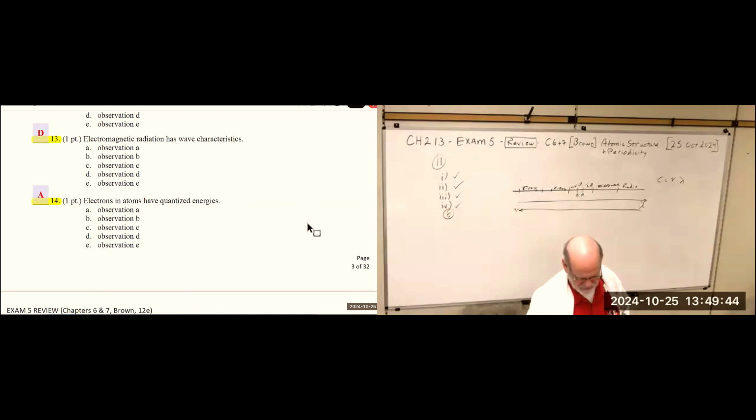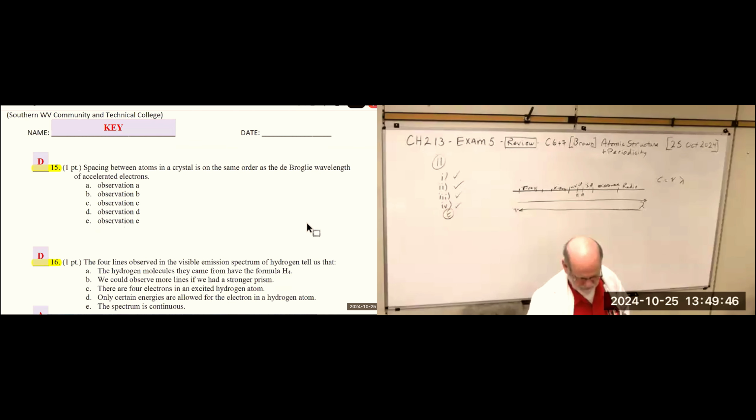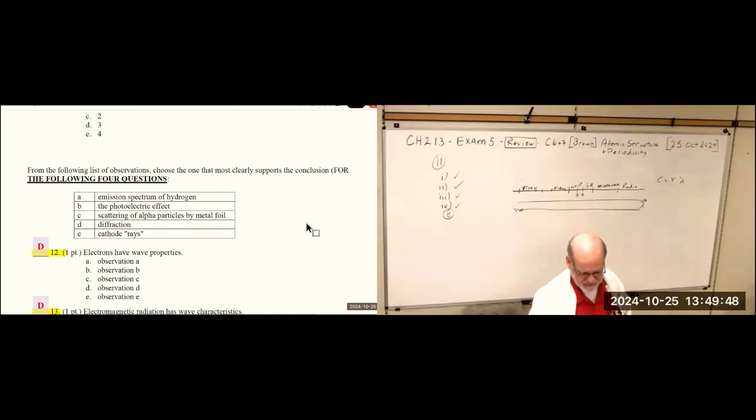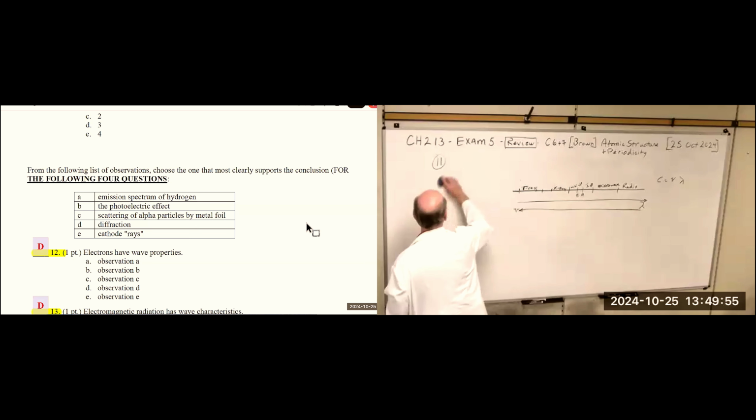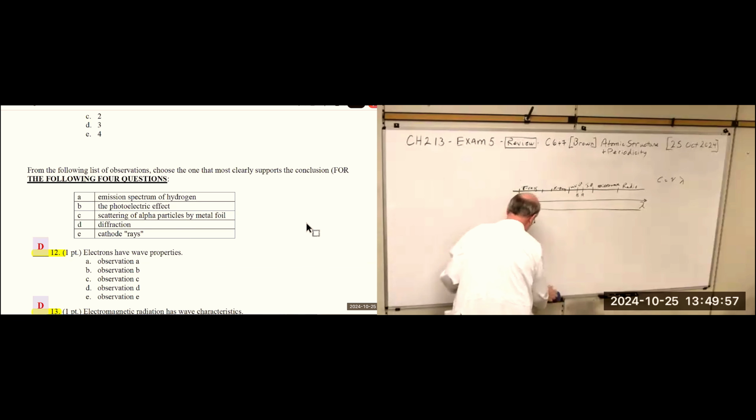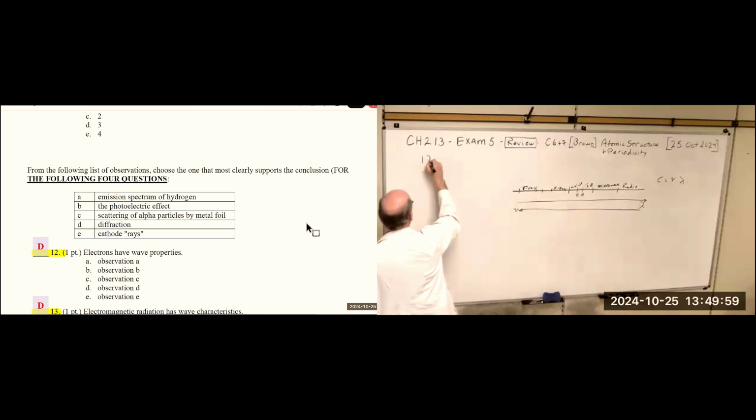All right, 12, 13, 14, and 15 are based upon this table. All right, let me make some room here. Well, 13, 15.